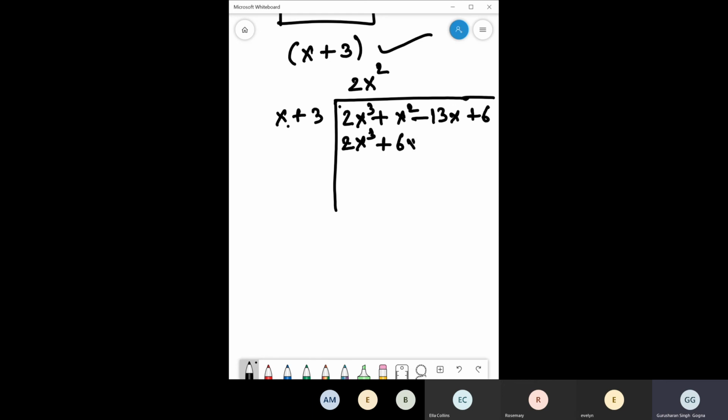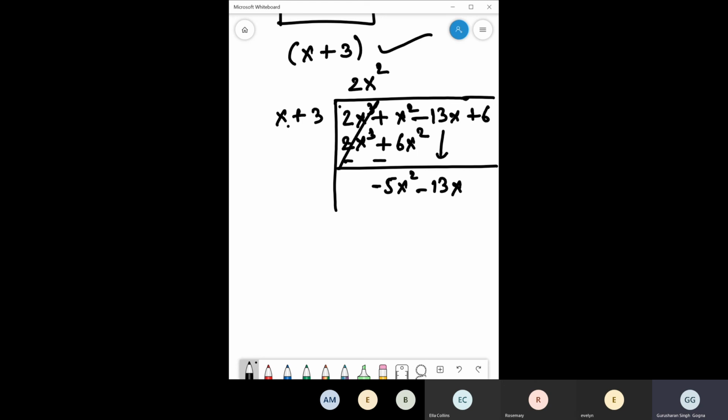So 3 multiplied by 2x squared is 6x squared. And what you do then, you subtract. So this is gone. This will give you minus 5x squared, and you bring this down, minus 13x.